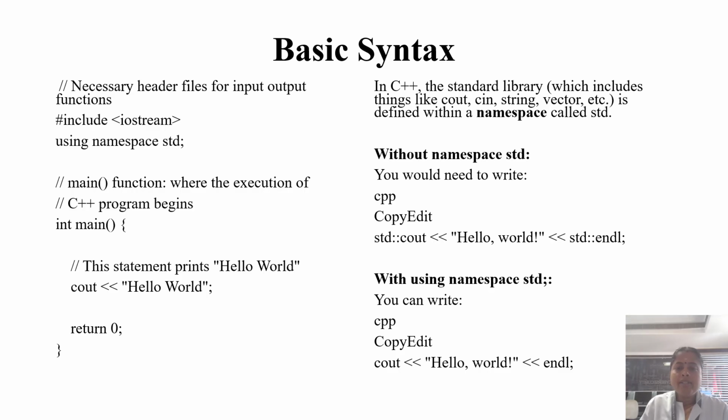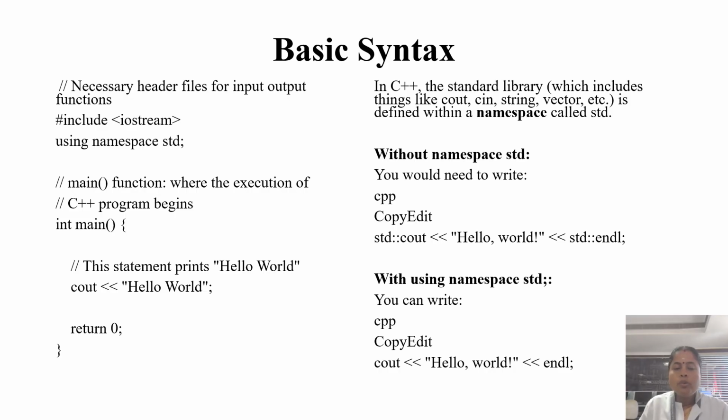And this is the basic syntax for a C++ program. You should start with the preprocessor directive iostream, and the main function. It should have a main function, and in the main function we can use input and output statements with the help of cin and cout.